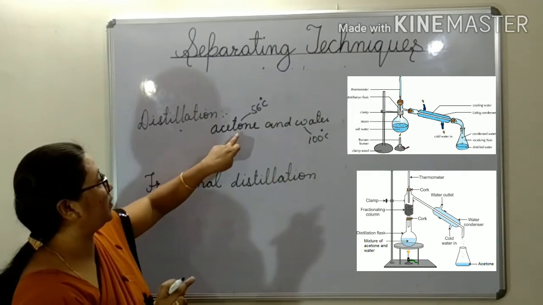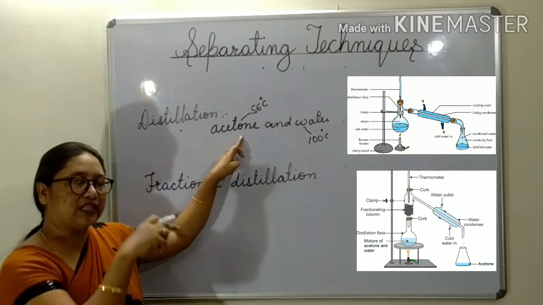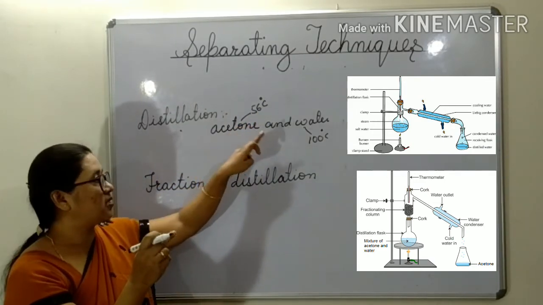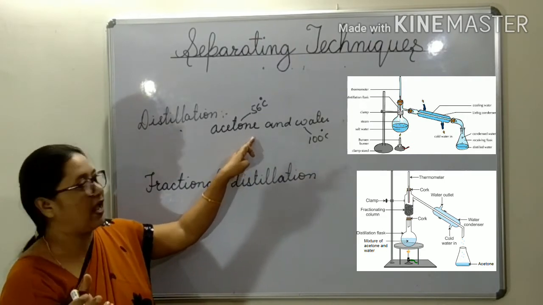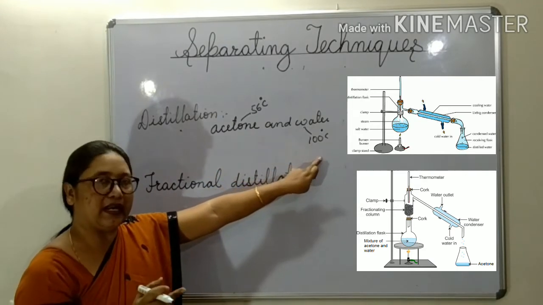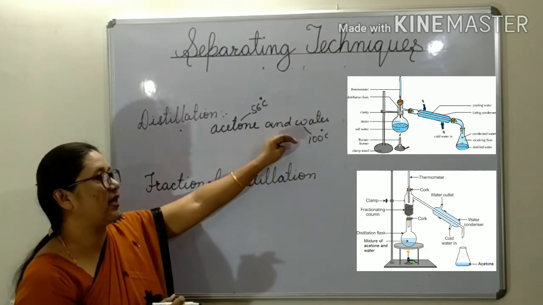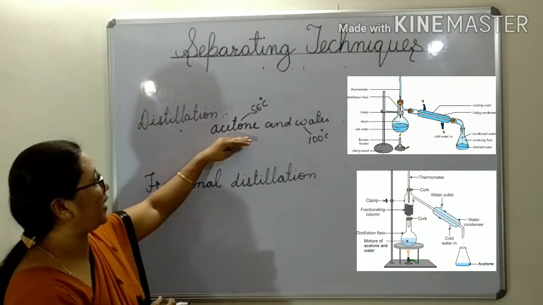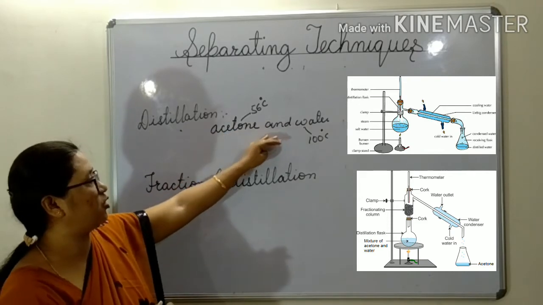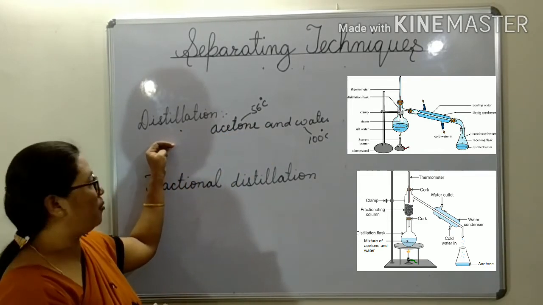When the temperature reaches 56 degrees Celsius, acetone will convert into vapor. It will pass from the distillation flask, condense into liquid and be separately collected in a flask. The water will remain in the distillation flask only. So like this we can separate acetone and water through a simple distillation process.